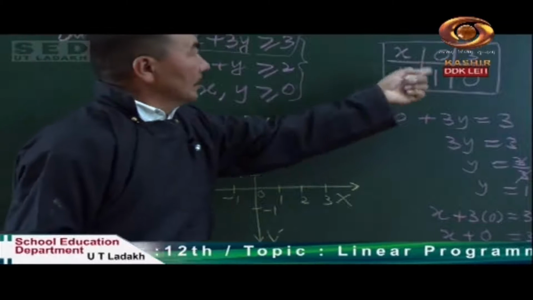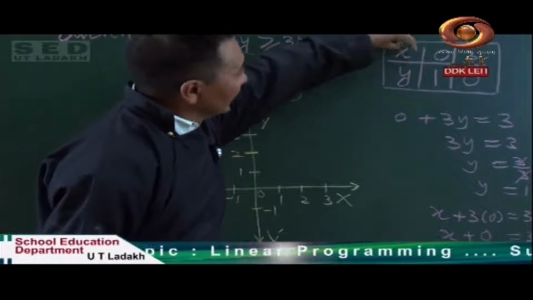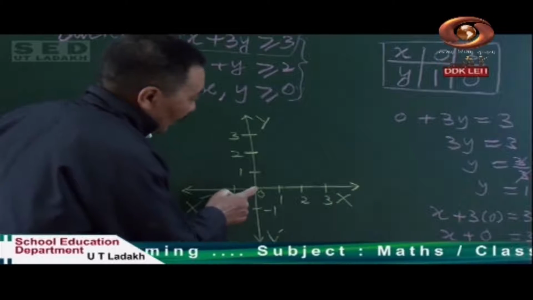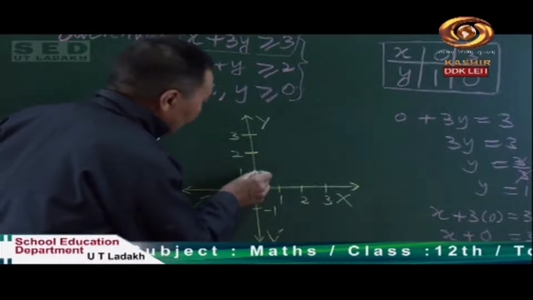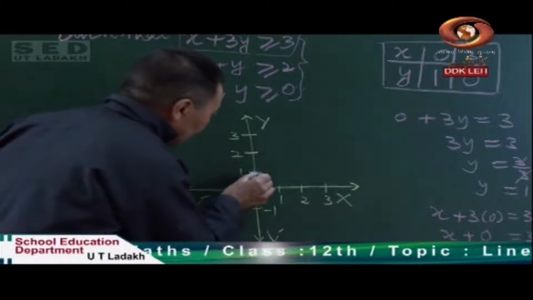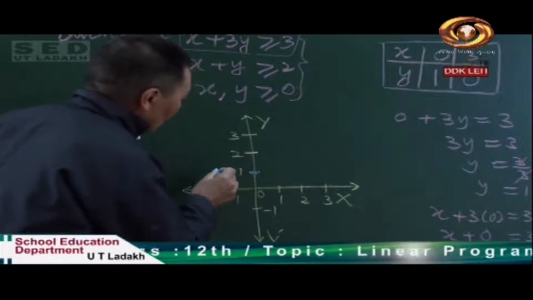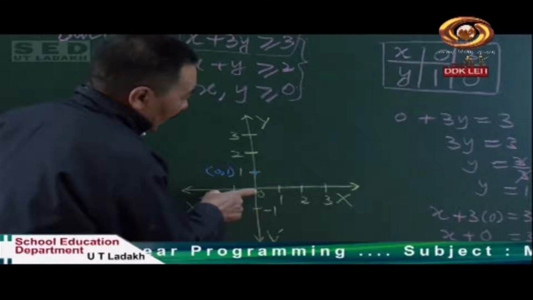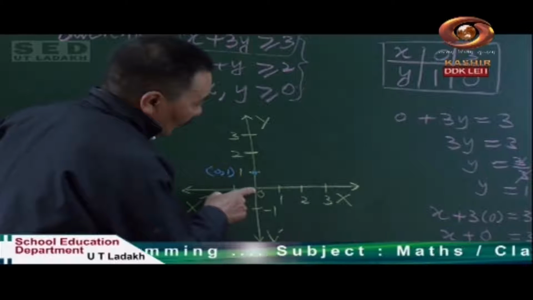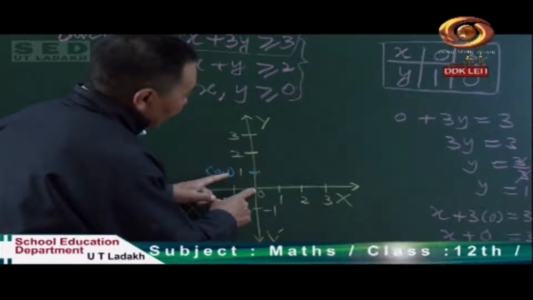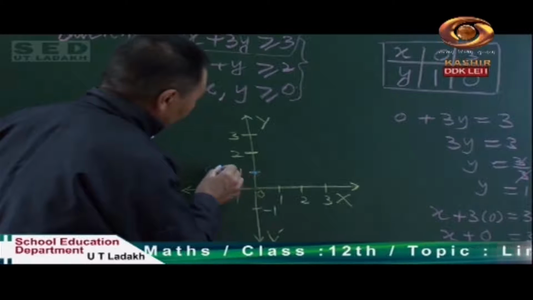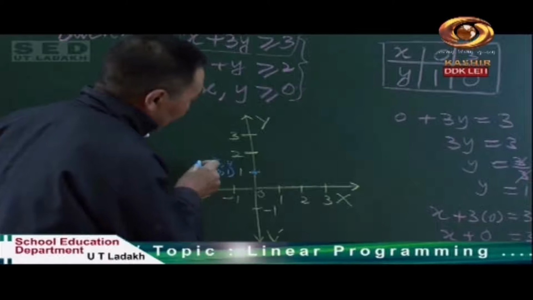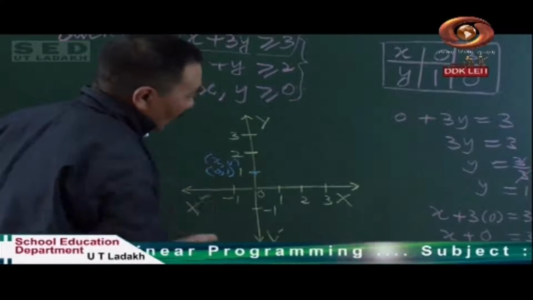If we locate these two coordinate points, x equal to 0, y equal to 1: x equal to 0 means it will remain here, and y equal to 1, it will go here. This is your point, 0, 1. The value of x is 0, the value of y is 1.